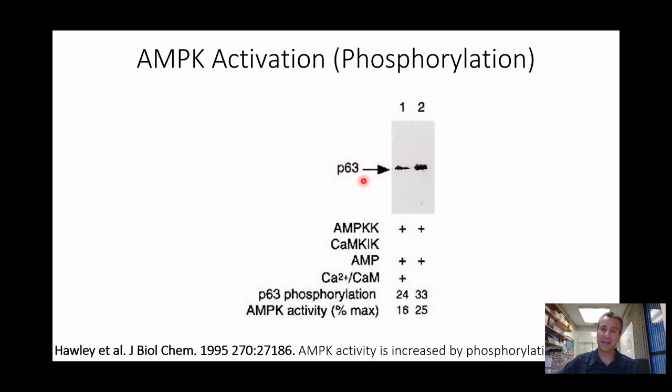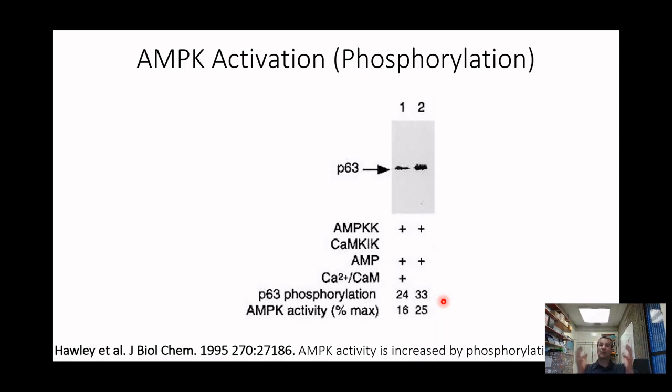And then when you have calcium at high levels, it is somewhat inhibitory, but when your calcium is lower, you've got a bigger effect where you can see greater phosphorylation and a little bit higher activity. But it's really that when AMP kinase is bound to AMP, it becomes more phosphorylated.